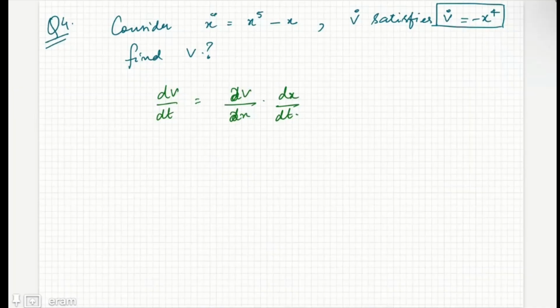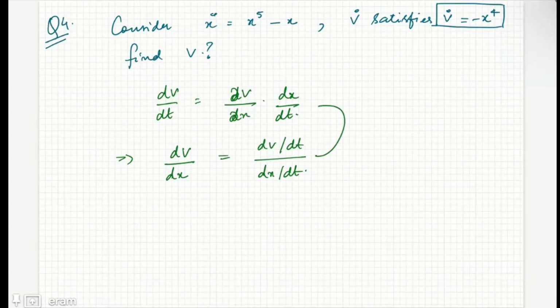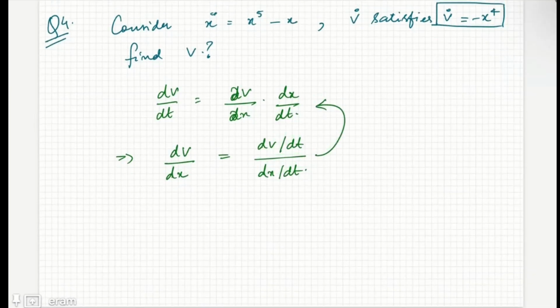Now it is given to us, dv by dt is given to us. What we can do is that in order to find v, we can write dv by dx by writing it as dv by dt and dx by dt. Okay, so this will give us the same relation.